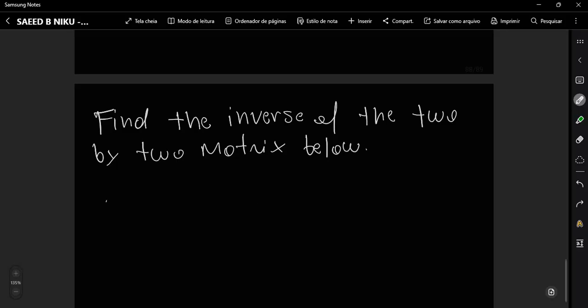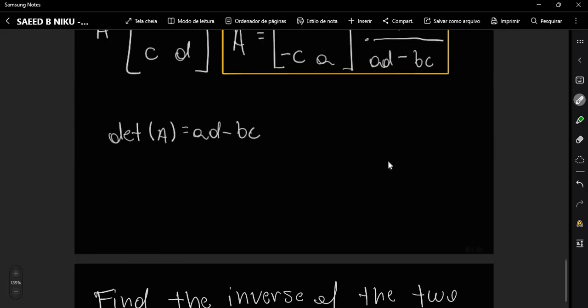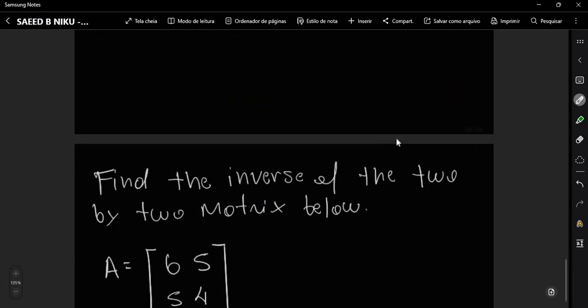Let's say it is a matrix with the entries 6, 5, 5, 4, and we will just apply this algorithm.